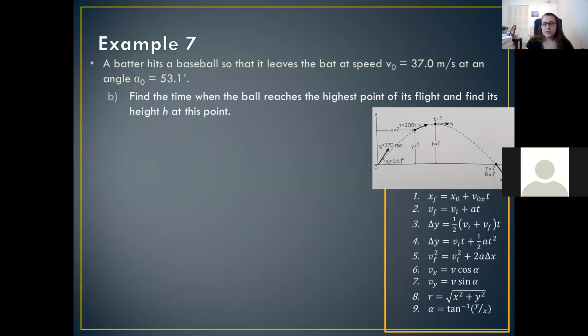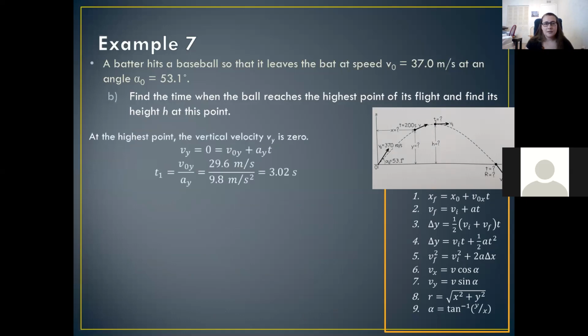So again, there are equations that we'll be referencing. At this highest point, we talked about this yesterday. Remember, the ball has to go from traveling upward to traveling downward. And so at the highest point of its trajectory, it's changing direction, which means its velocity is momentarily zero. And that is really, really helpful for solving this type of problem because when we plug it into equation number 2, our y velocity at that moment is 0.